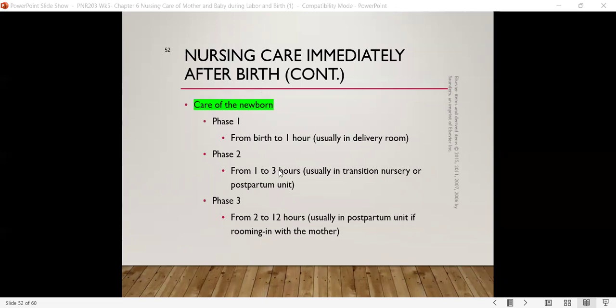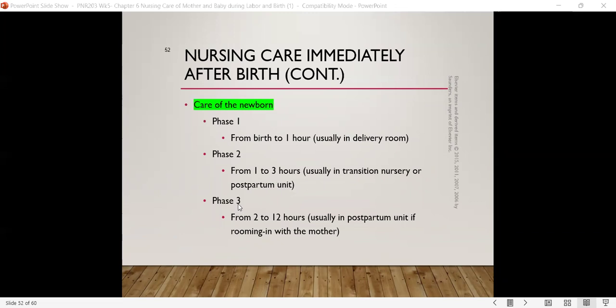And they're probably going to look at the baby in the nursery, because that's called a transition nursery. And the baby's not going to stay there very long, because once mom gets to the mother baby unit, the baby actually goes with mom. And so that's phase 2.